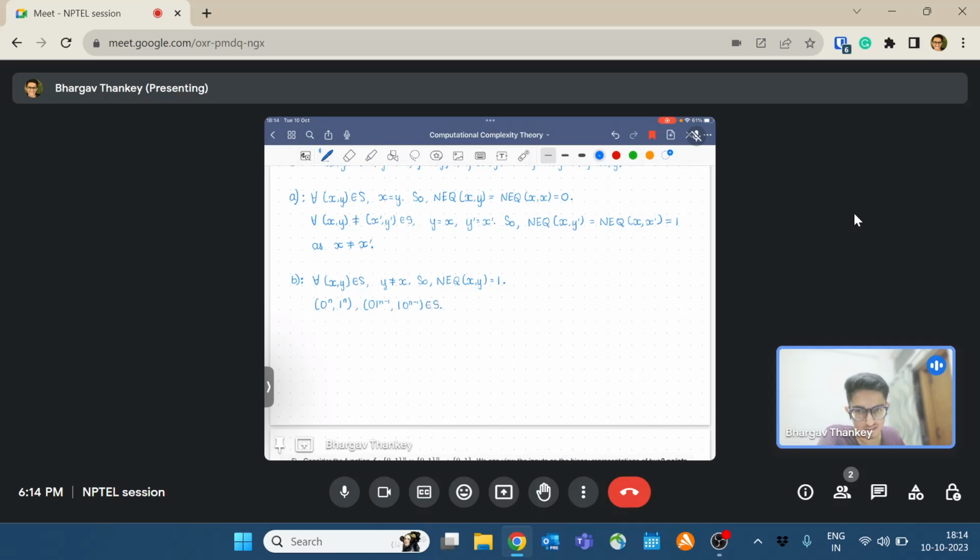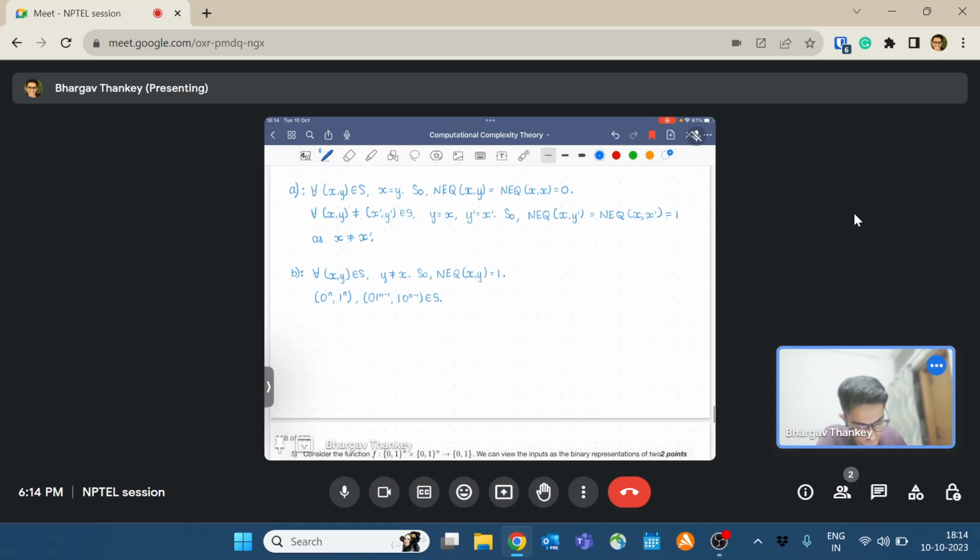Both of these are clearly in S because the two strings are not equal in both of the tuples. So now NEQ(0^n, 1^(n-1)) is 1, and NEQ(0 1^(n-1), 1^n) is also 1.